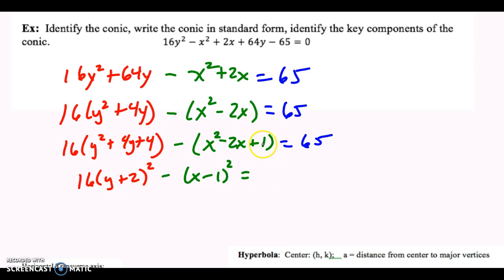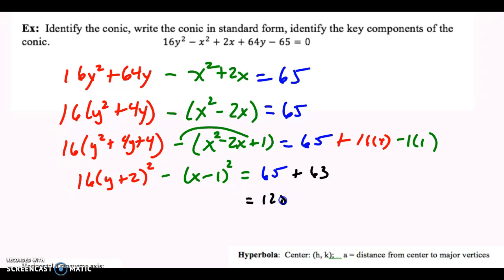Okay, this last part equals 65, and it looks like we're going to have a 16 and 4, and I should have added this in on this side instead of reprimanding you. So we got 16 times 4, and we're also going to have a minus 1 times 1. So what that gets me all together, that's going to be 64, 63, and it looks like I'm going to get 128, which is a great number.